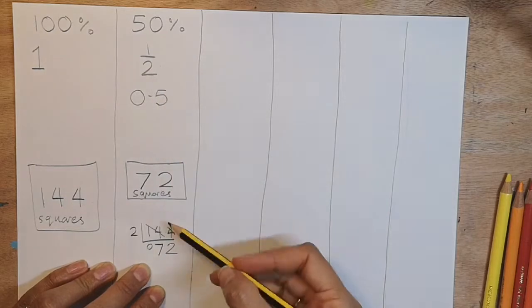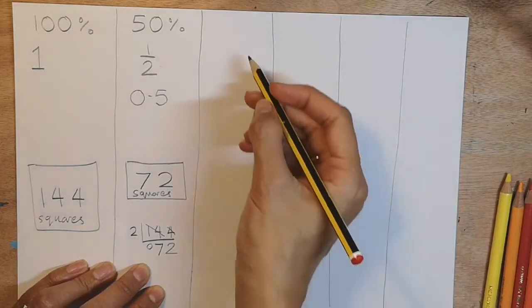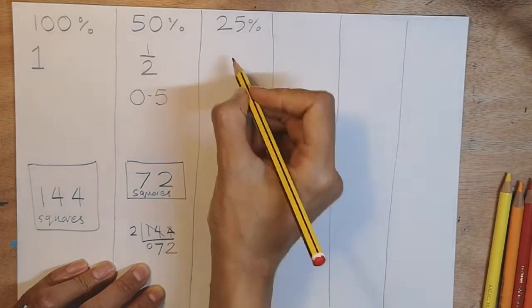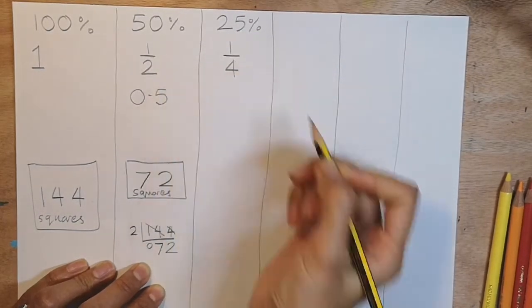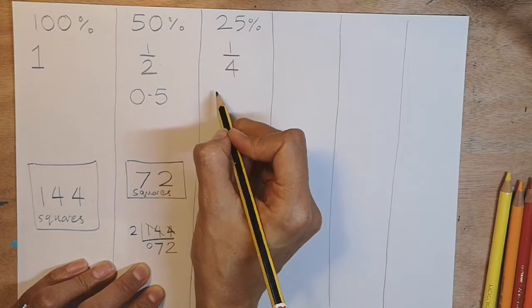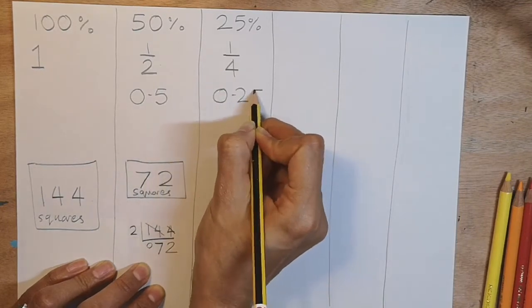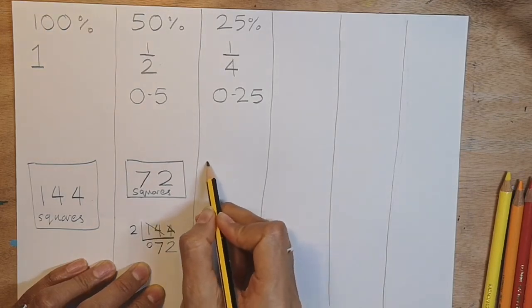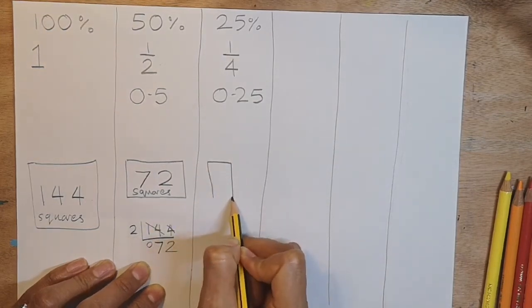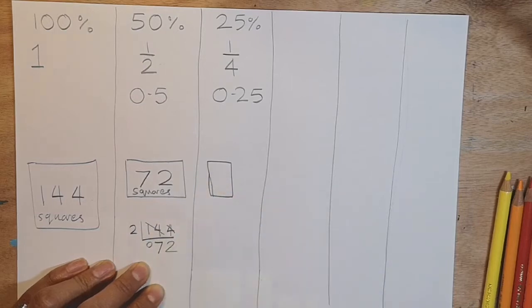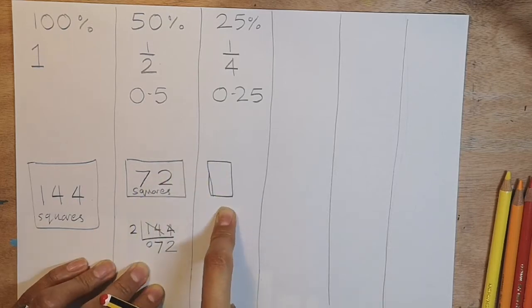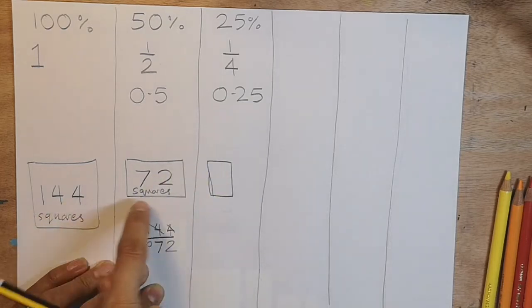Now we've worked out 50%, let's work out 25%. That's 1/4, or 0.25. So we want to work out what's a quarter. We could halve 72 and that would give us a quarter of 144.